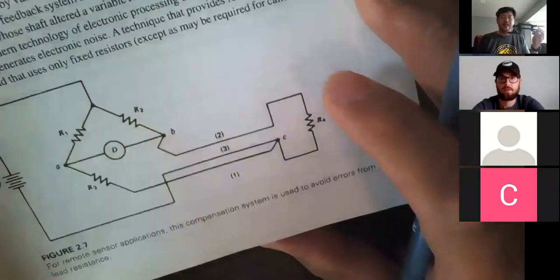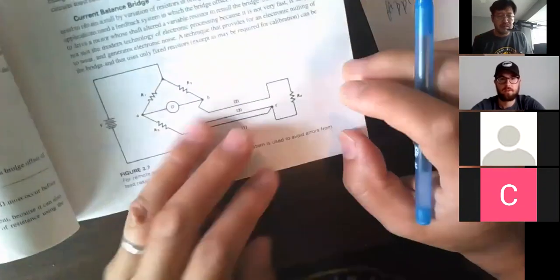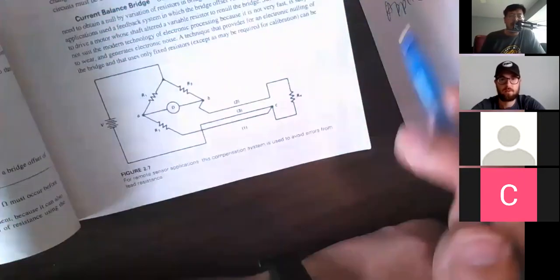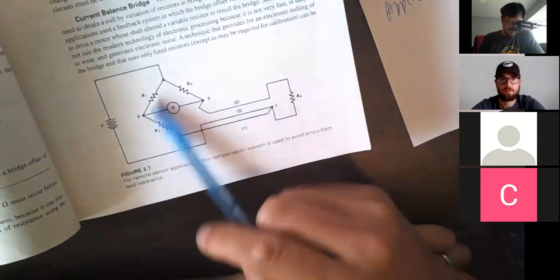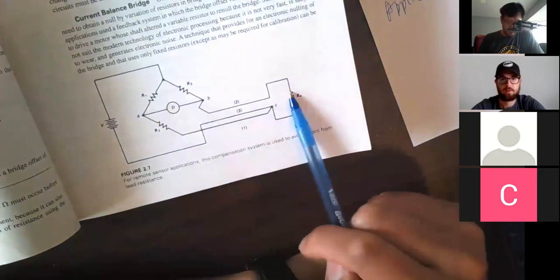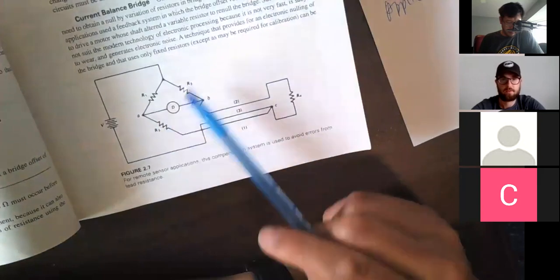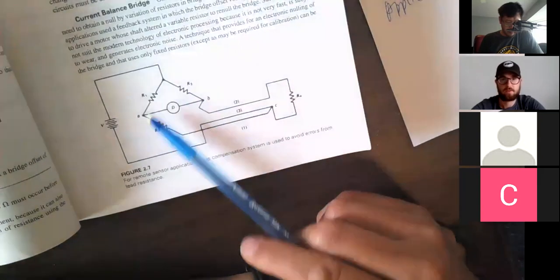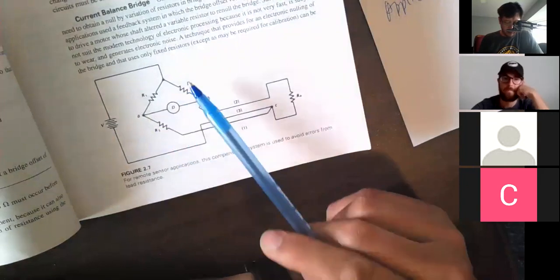This is a typical process control example. So this is your bridge, and this is your sensor. So R1, R2, R1, R2. They call this R3 anyway. It doesn't matter. R1, R3, R2, R4.